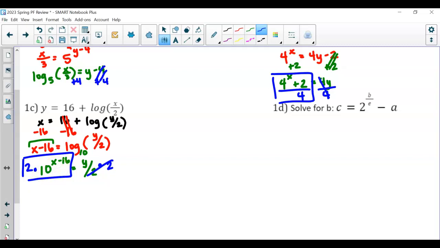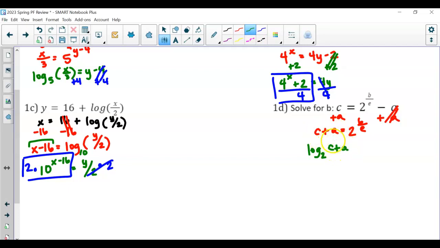So now the last one, we have variables. We're solving for b. It is an exponential. We have to get that by itself. So we're going to add a to both sides because that's what's being subtracted. Now we've got c plus a is equal to our exponential of 2 to the b over e. Now we can convert. So we have our log base 2 of c plus a.